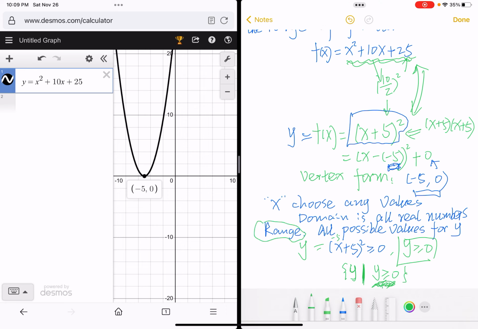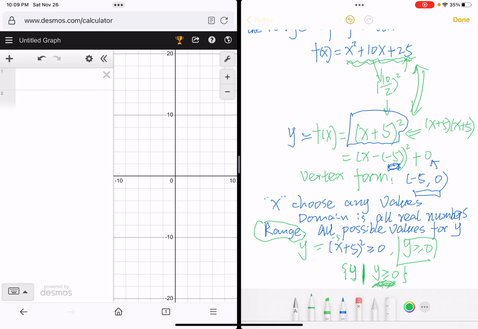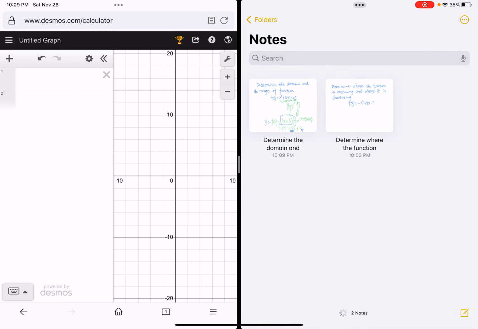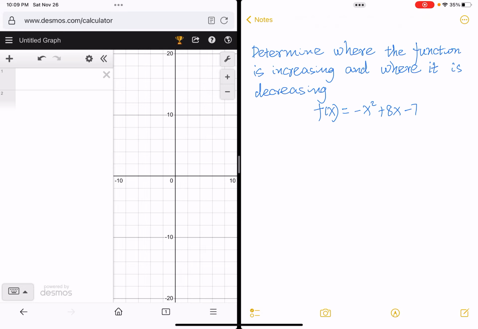All right, now let's look at another one. Another one we want to do is the one right here. We want to determine where the function is increasing and where the function is decreasing.